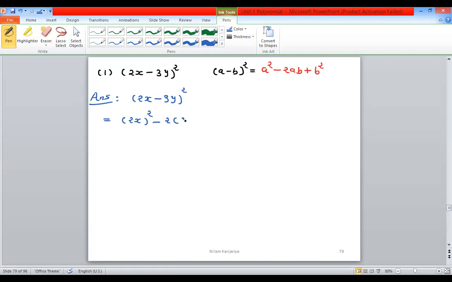It's 2 into 2x and 3y. Students, you must remember, we apply the negative formula, so don't write the 3 as a minus. Okay? हम बच्चों माइनस का फॉर्मूला ही यूज कर रहे हैं, तो इसलिए आपको 3y को माइनस लिखने की जरूरत नहीं है.